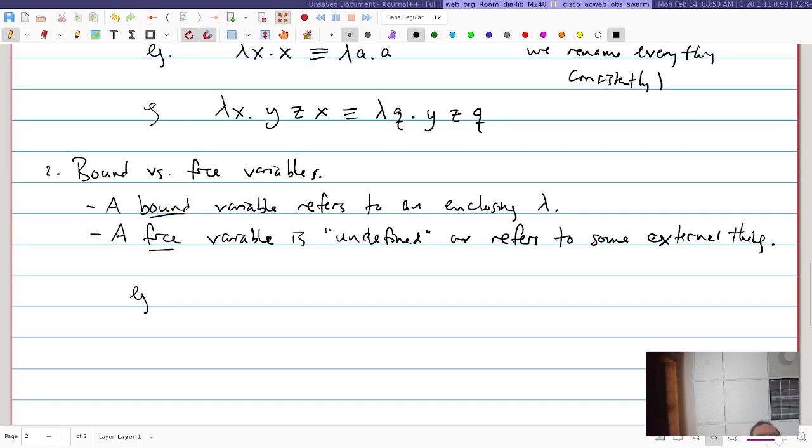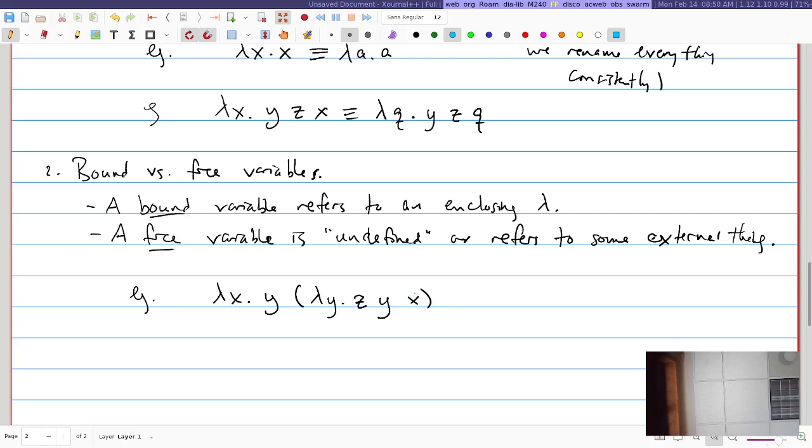Okay, so for example, if I have, I don't know, lambda x dot y applied to lambda y dot z y x. So let's think about this. So this x here, we'll start from the end. This x here, is that bound or free?